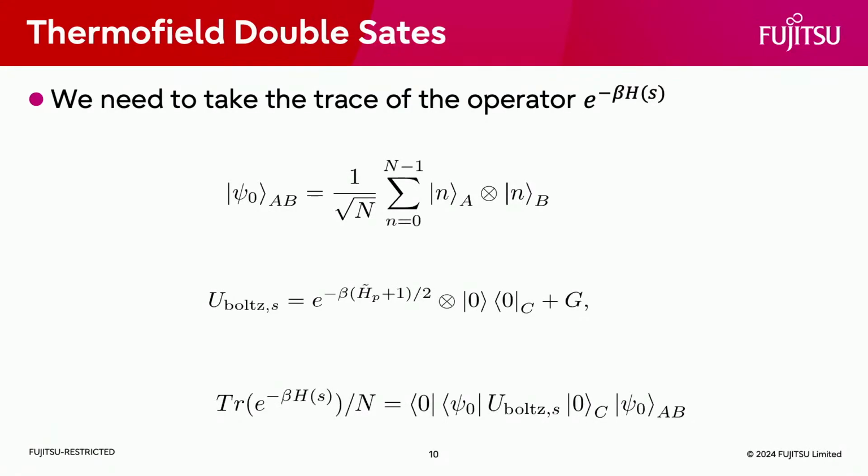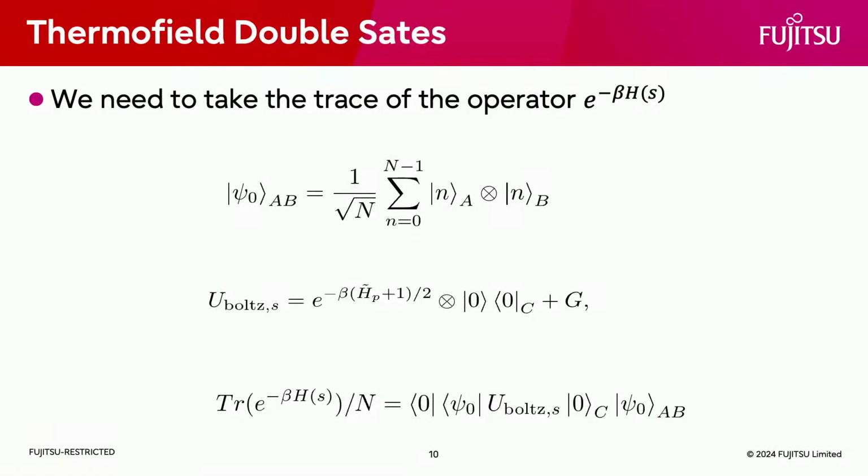Now, to estimate the partition function, we want to take the Gibbs factor, or the exponential, and take the trace of it to estimate the trace of the operator, right? But how do you do that?